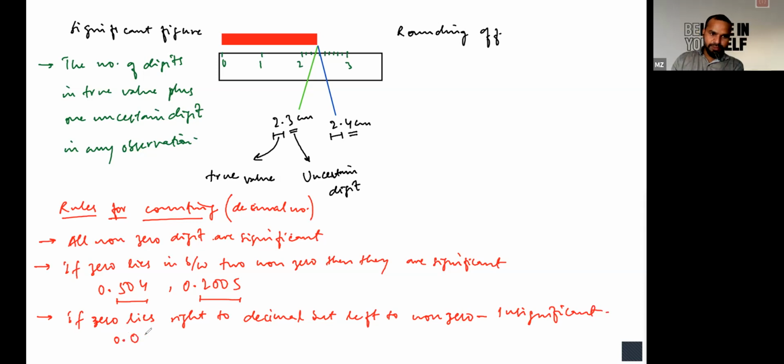Suppose you have 0.05; in this observation we have only one non-zero digit. Take 0.0502. This zero is right of the decimal but left of a non-zero, so it will be insignificant. But this zero is lying in between two non-zero digits, so it will be significant.